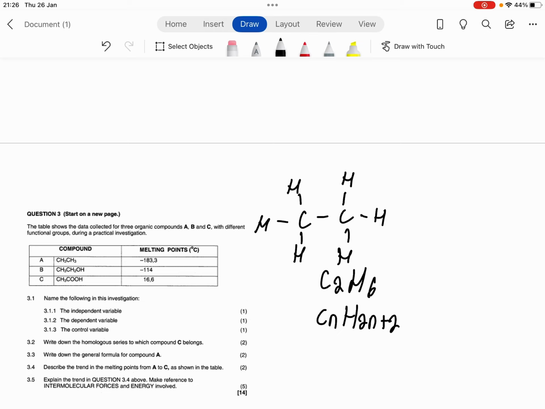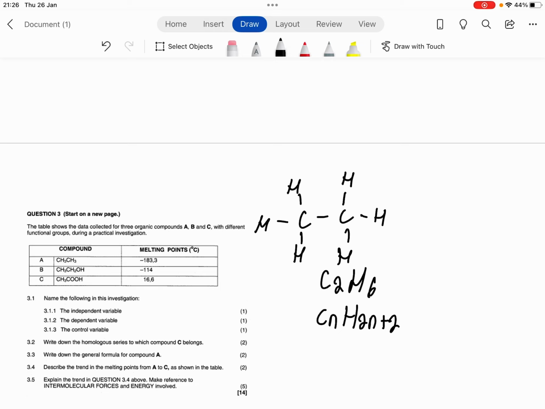So you're going to say therefore compound B has a higher melting point than compound A. So just as a recap, we're going to start off with the homologous series. We're going to state the type of intermolecular forces. We're going to state which intermolecular forces are stronger, and we're going to state which needs more energy. And then we're going to conclude on to which one has the higher melting point, boiling point, or viscosity, etc.